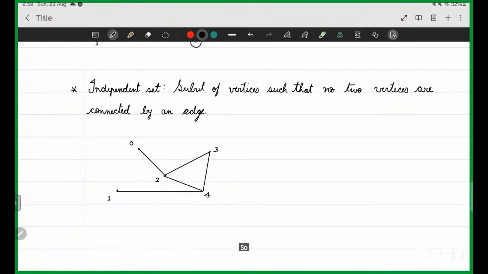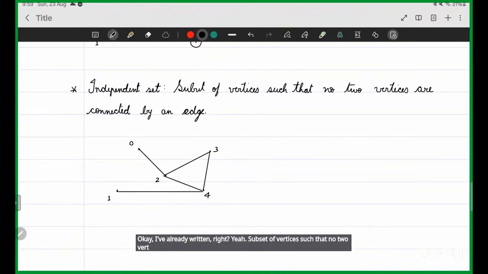Here we say that a subset of vertices is independent if no two vertices in it are connected by an edge. If I consider the collection 0 to 4, this is not an independent set because there is an edge from 0 to 2, and there's an edge from 2 to 4.